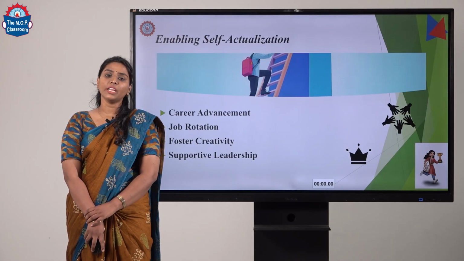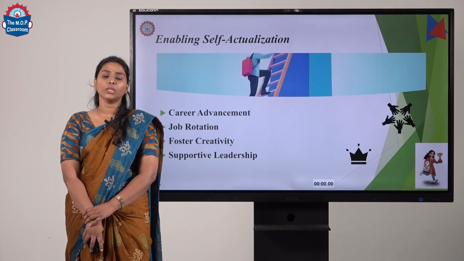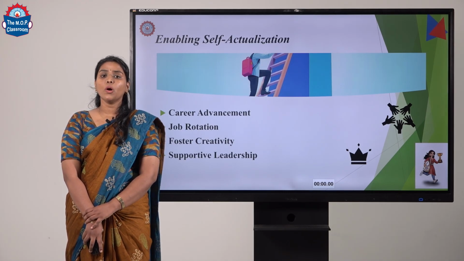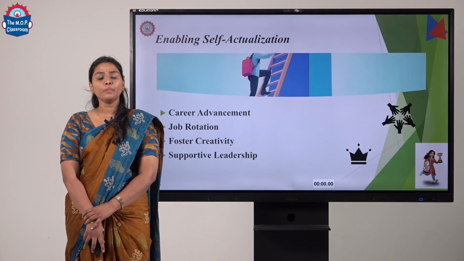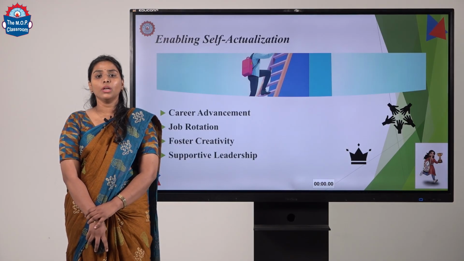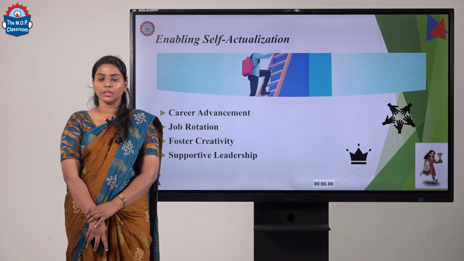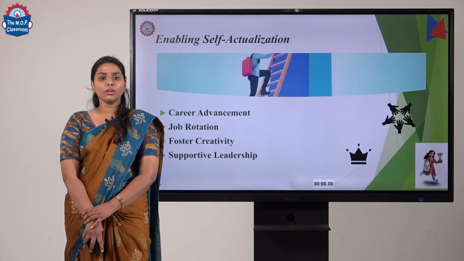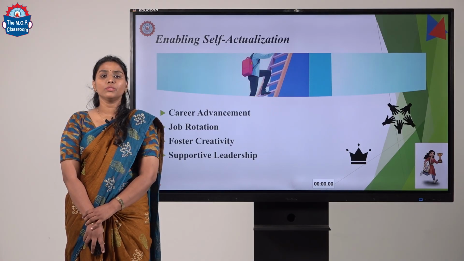So how is self-actualization seen in the workplace? It talks about career advancement, the opportunity provided by the management to the employee in order to improve within his career, be it internal job rotation, or giving feedback to improve the work culture.